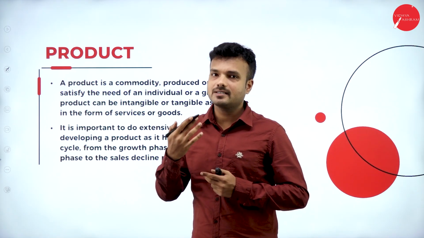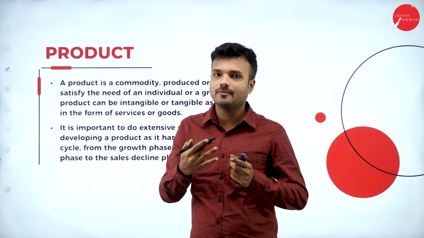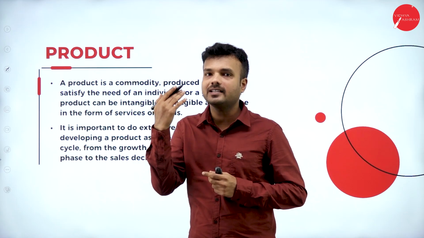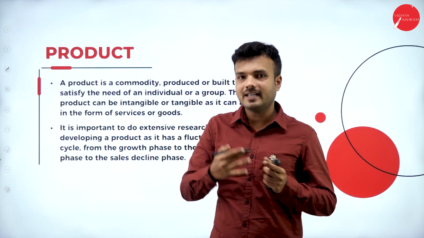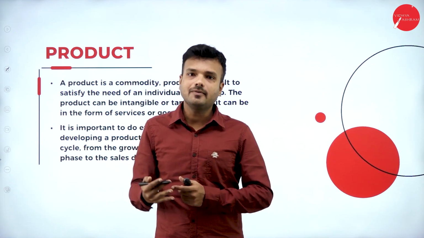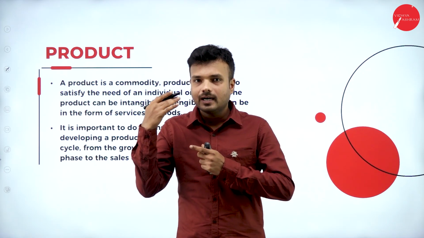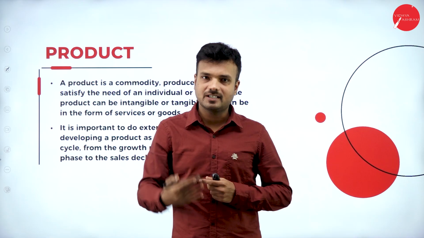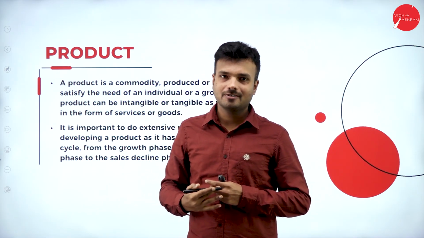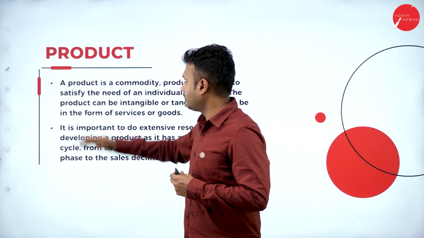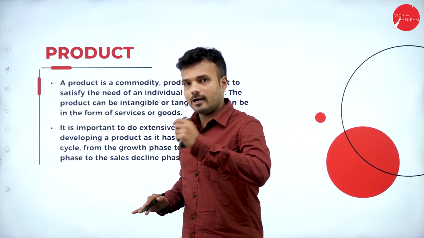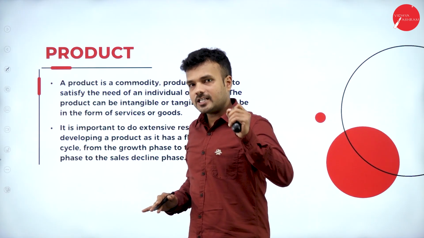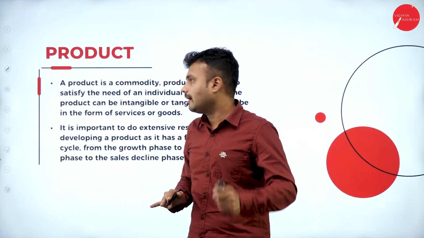A tangible good is nothing but the merchandise goods which are tangible in nature, which we can touch and feel. Intangible goods are nothing but the services that are provided by the retailer or the expert people to satisfy the customer needs and wants. So these are the 2 things that we are supposed to study in the product, that is the first P of the retail marketing mix.